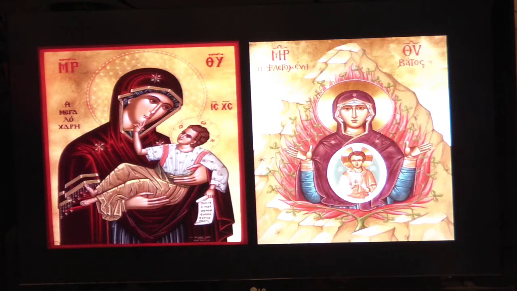Everybody cool? So the other icon of Saint Mary, this is a wonderful icon as well, ties an event from the Old Testament to a reality in the New Testament, right? Anyone know what that icon is about? I think we just kind of talked about it. The burning bush, right?